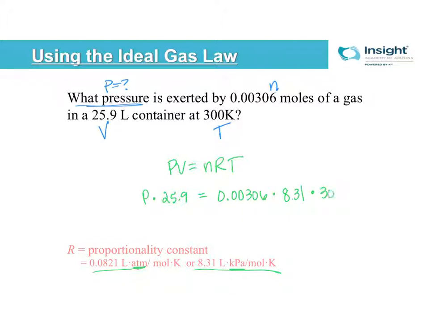And 300 Kelvin. All right, so let's simplify the right side, get that down to one number, 0.00306 times 8.31 times 300. So that side is 7.63, and this is going to be P times 25.9. I'm going to divide both sides by 25.9.